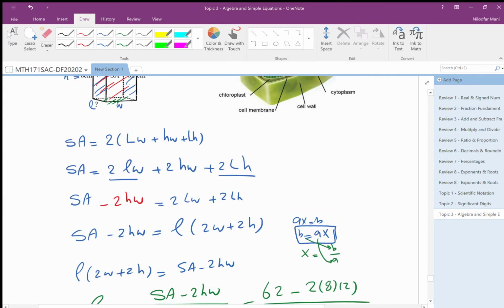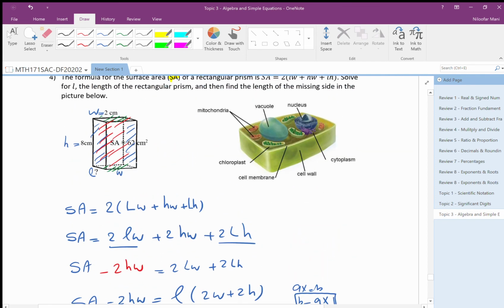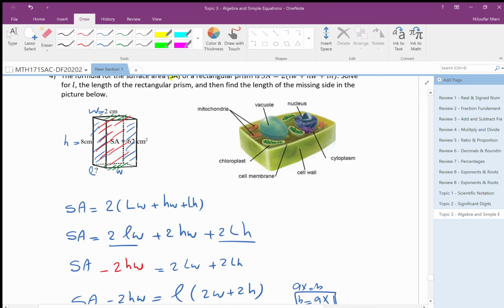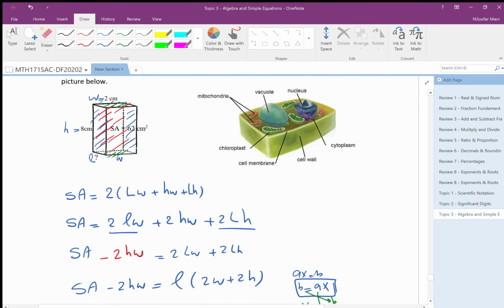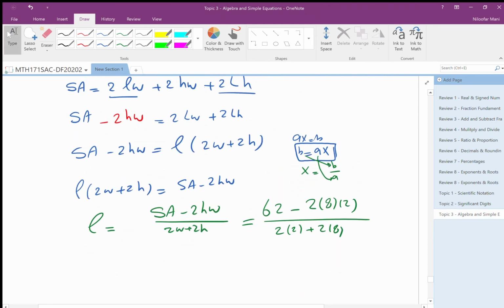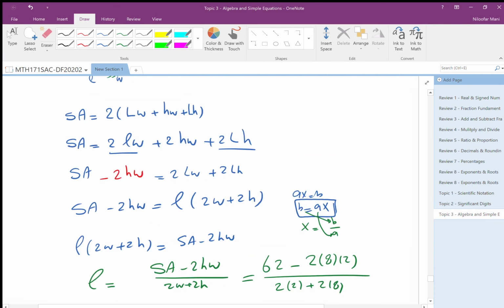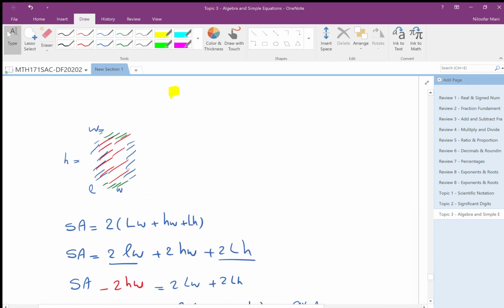See, I don't see any L on the right side. I don't see any L here. If I see L here and I see L here, I made a mistake. That's wrong. I should see just L isolated. That's why I multiplied. That's wrong here.